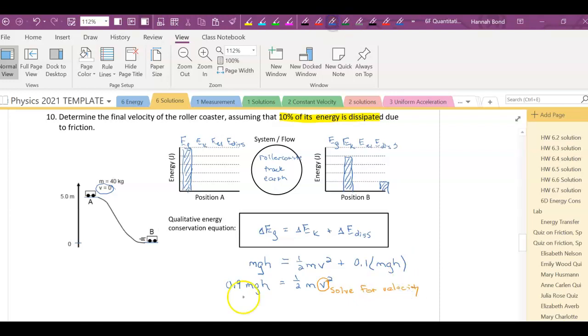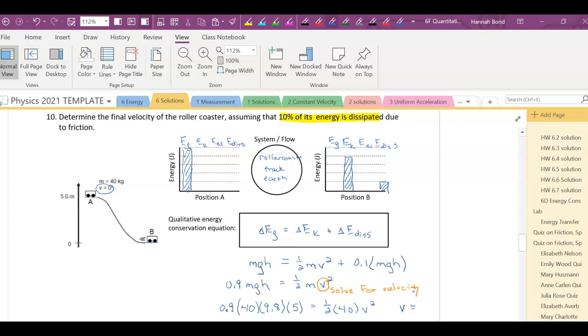Okay, so I can plug in what I know, and as I plug in, I make sure that it's in standard units. The mass of the roller coaster car is 40 kilograms. G is 9.8. Its height there at the beginning was 5 meters. Mass again was 40, and I'm solving for v.